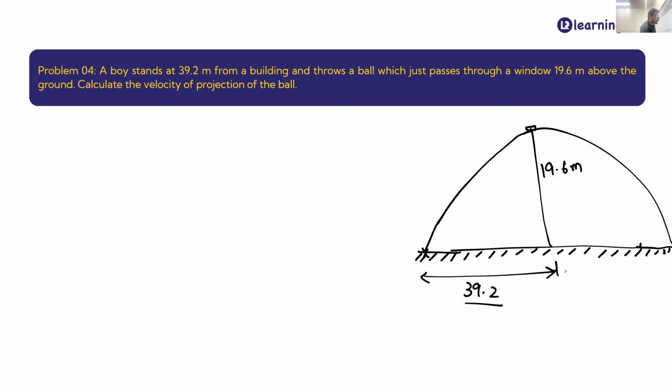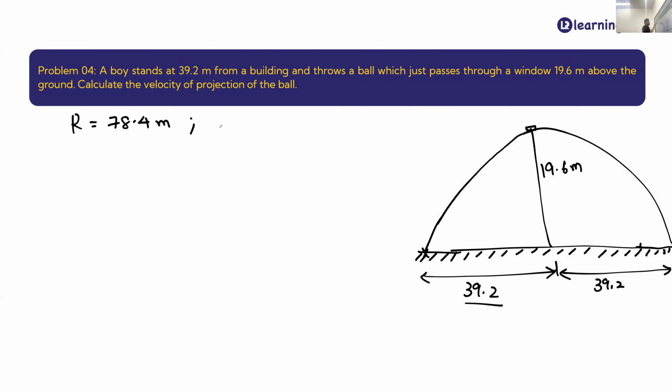Meaning this is 39.2, and this is also 39.2. So in this problem, what is the range? The range is not 39.2, rather it is 39.2 into 2. So indirectly they have given you the range value, which is 78.4 meter.